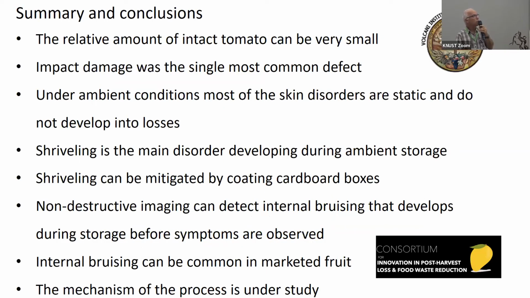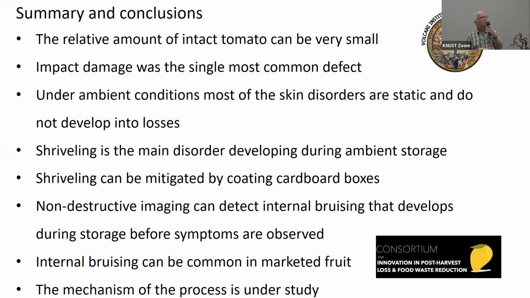So I'll summarize here and conclude. The relative amount of intact tomato can be very small. Impact damage was the single most common defect that we can see under our conditions. Under ambient conditions, most of the skin disorders are static and do not develop into losses. Shriveling is the main disorder developing during ambient storage.